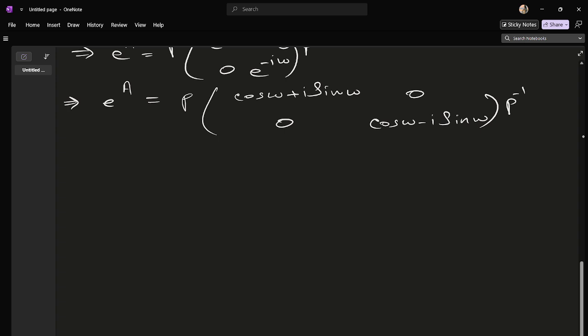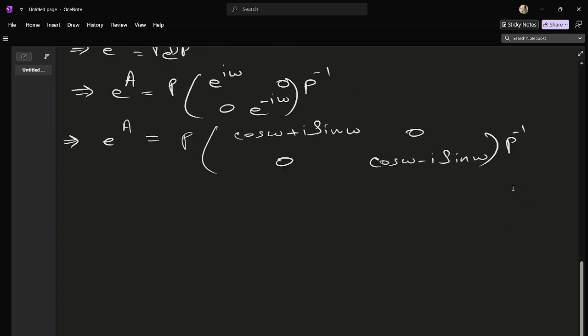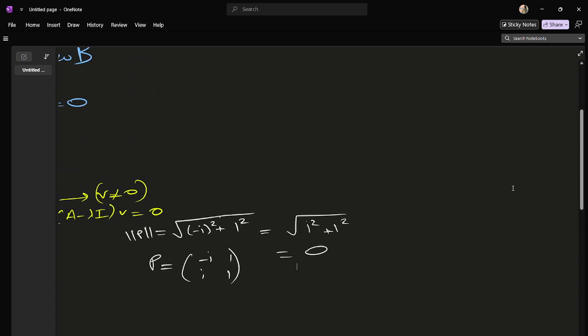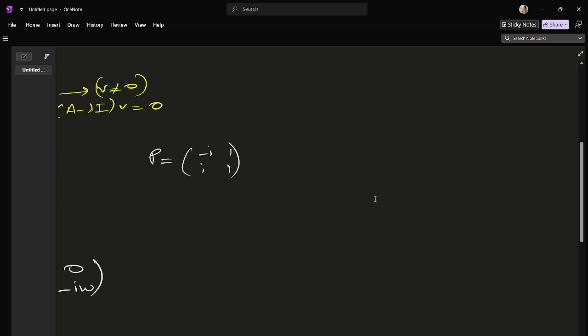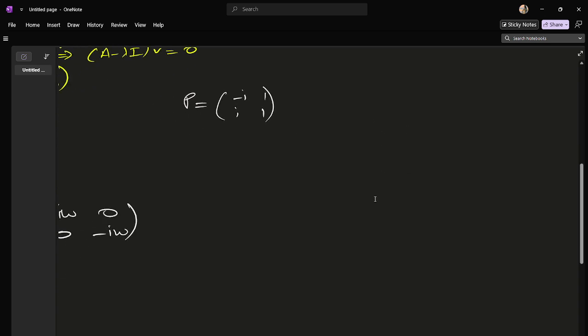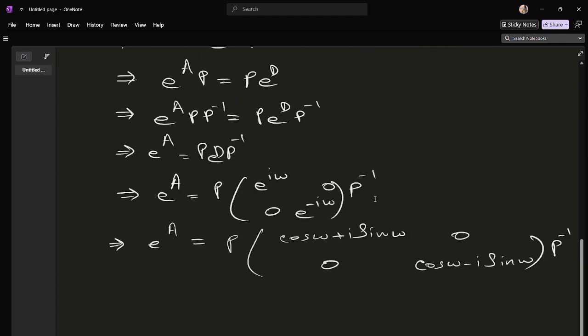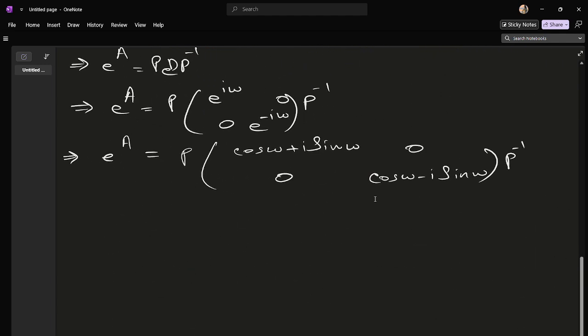Now we have to put in the values of P and P inverse. We have to calculate P inverse, and then P, the diagonal matrix, and P inverse will give us the result.